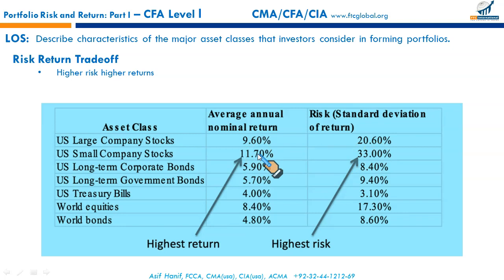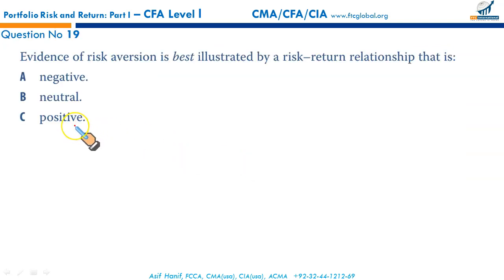So historical data over a long period, about 80 years old, indicates that there exists a positive risk-return relationship, which clearly shows the investor's risk aversion. The higher the risk, the more expectation for a higher return. So that makes C the correct option.